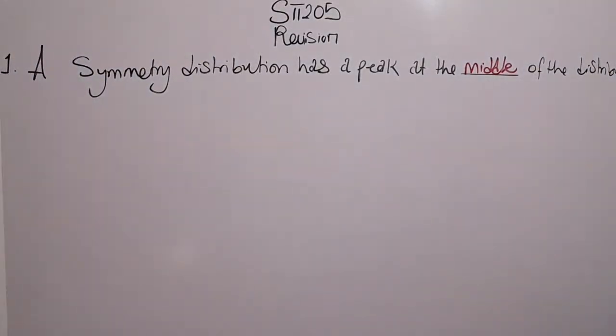Now we have question 2. It says: median and mode are measures of dash tendency.